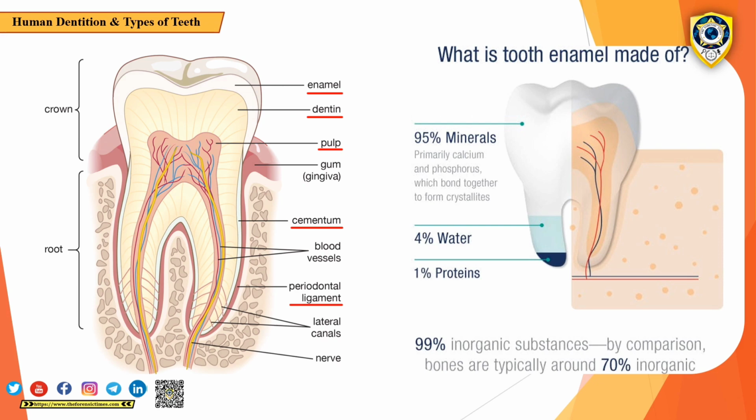Now these two minerals combine together to form what is known as the hydroxyapatite crystals. These crystals are tightly packed and make the enamel extremely strong. Now in comparison, the bone consists of only 70% inorganic substances. This is why the enamel is the hardest substance in the human body.